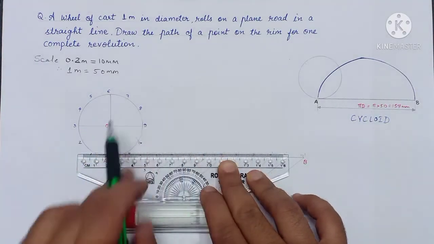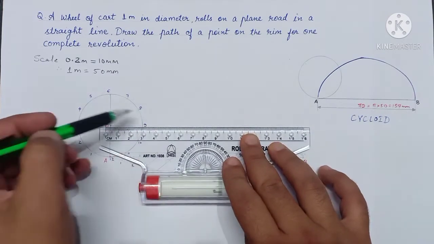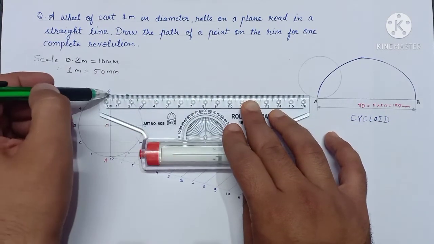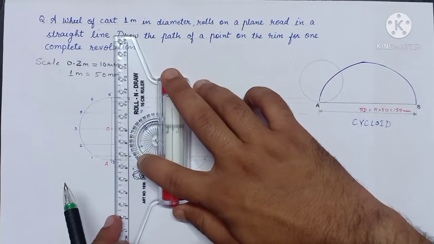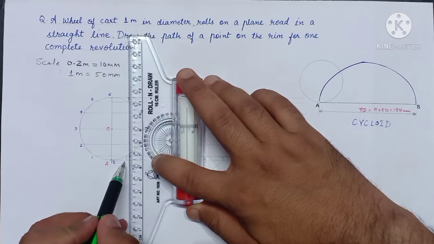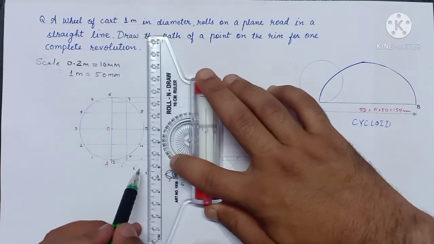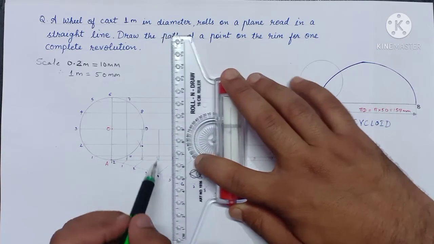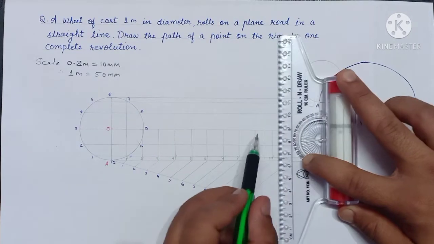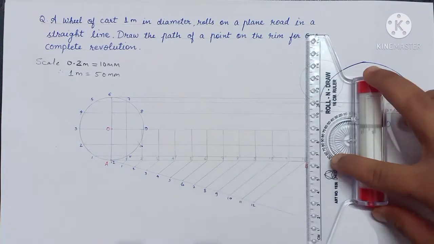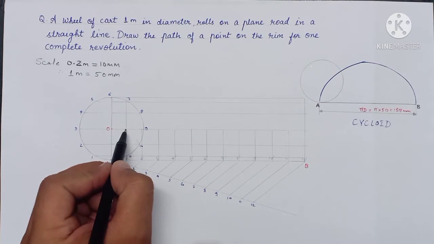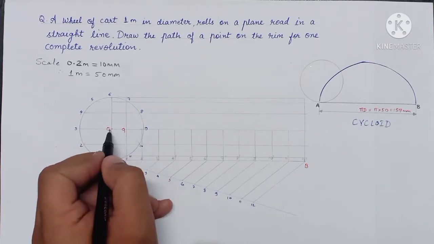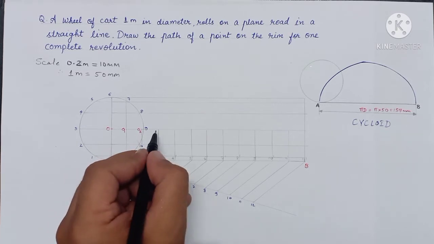From point number 1, then draw a perpendicular line from 1 dash, 2 dash, till it meets the center line O. The line passing from 1 dash will meet at the center line, which will give the next center O1. 2 dash will meet at the center line, which will give O2, and so on.